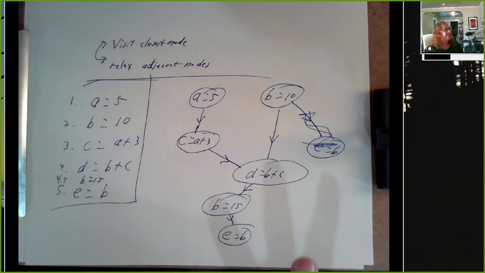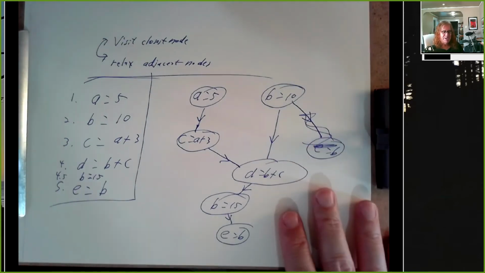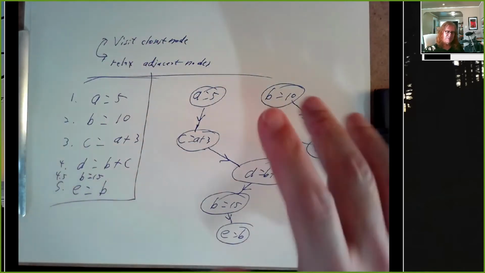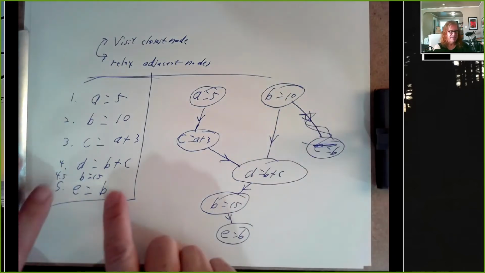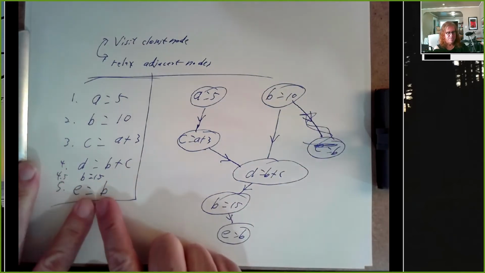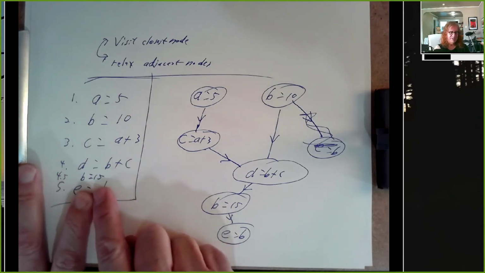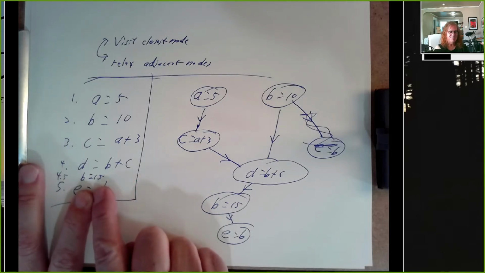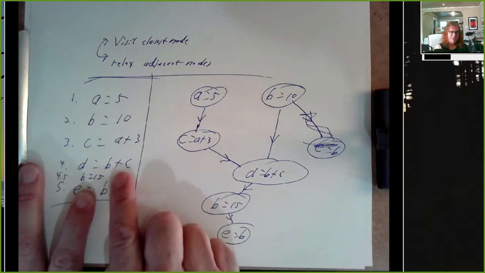This is one of these things that's usually not too bad for us to sit down and work out a graph. But if you tried to write a program that could analyze this code and come up with a graph, that can be tricky, right? Especially things like this, where this doesn't depend on D, for example, but this B equals 15 can't be allowed to execute until statement 4 is finished, because if B gets changed to 15 first, D's not going to be using the proper value of B, which should be 10 at that point.